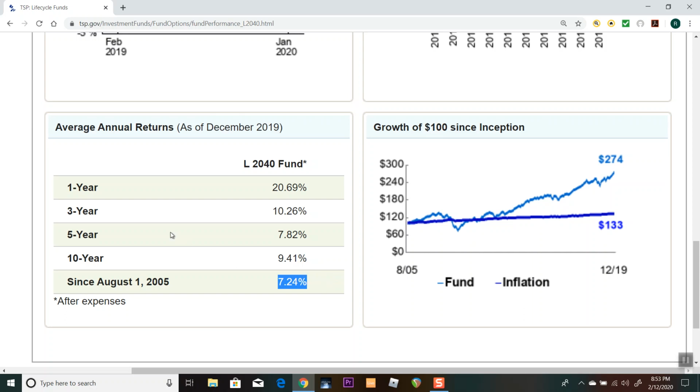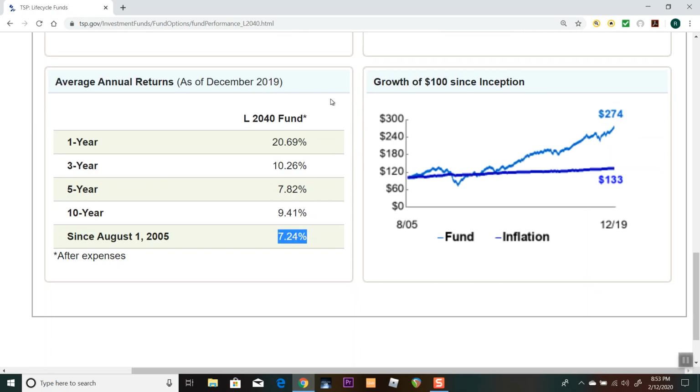Now, the overall question you have to ask yourself is: do you want to be hands-on with your decisions about where you put your money in your funds, or do you want to just kind of put it on self-drive, autopilot, and let the fund do what it does, and it's going to take care of everything to ensure that you don't lose a lot of money when a downturn happens and you're close to your retirement when it's time to withdraw. So that's the only question.